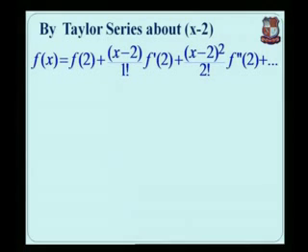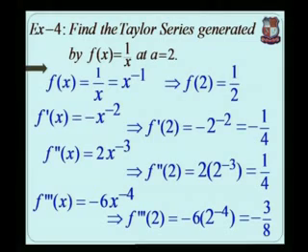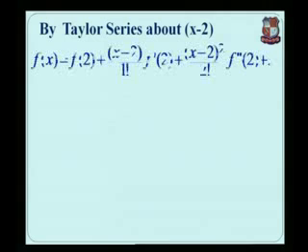Now we put the values of f of 2, f dash 2 and f double dash 2 and so on. From the previous slide, f of 2 is 1 by 2, f dash 2 is minus 1 by 4, f double dash 2 is 1 by 4, and f triple dash 2 is minus 3 by 8.